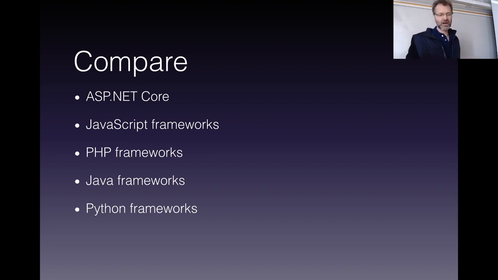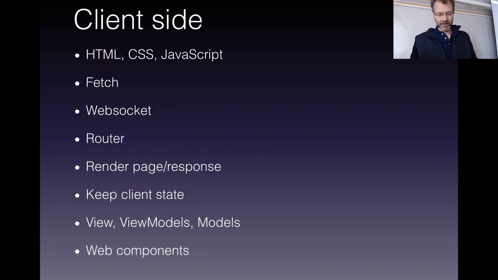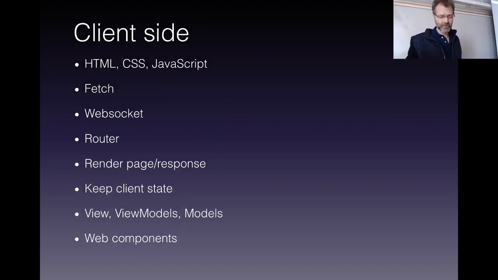Let's think: we've got ASP.NET Core now with C#. We talked a bit about JavaScript frameworks. We talked about PHP frameworks, but we coded vanilla PHP. You know a bit about Java frameworks. We could do all this in Java if we like to. We could use Python. We could use more languages out there. And when we go into the web framework area, we need to consider how we will work on the client side.